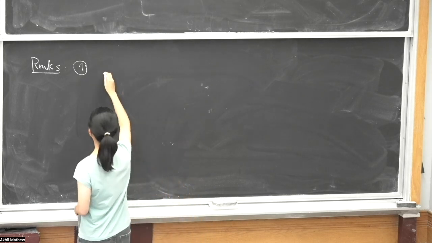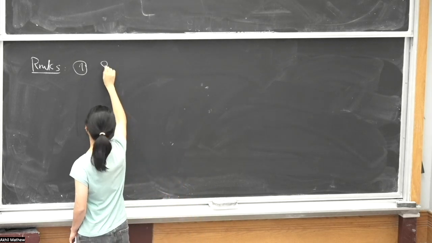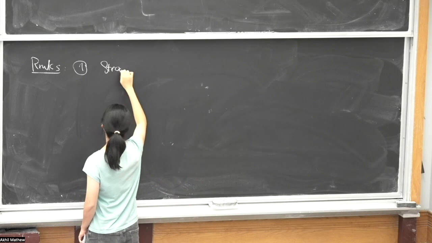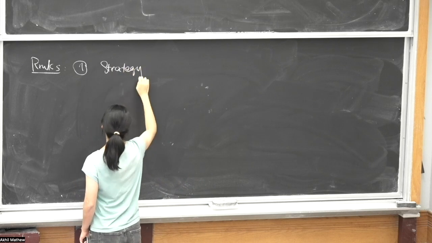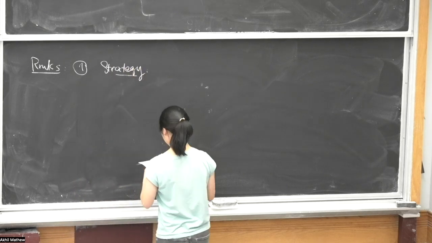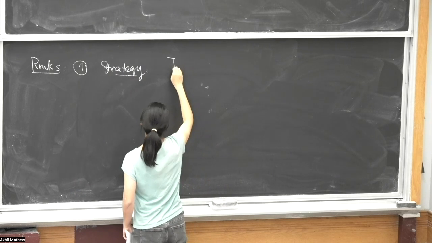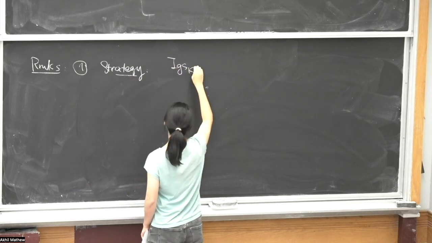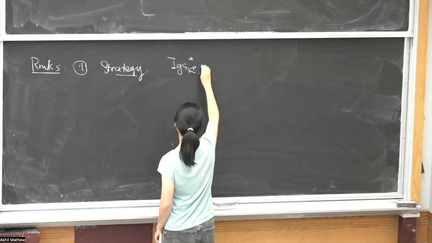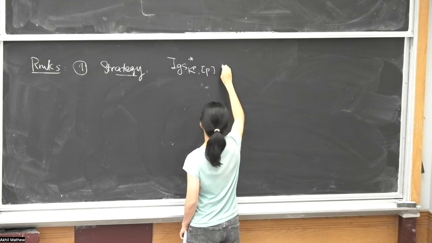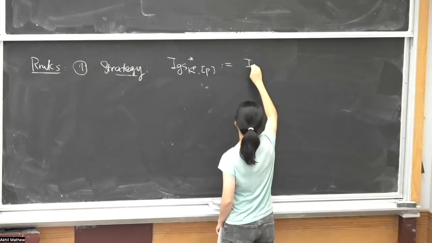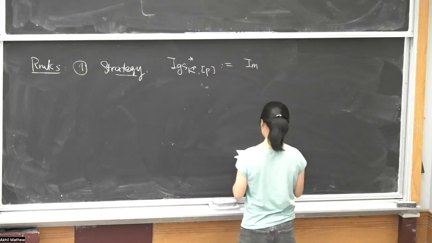And indeed, our strategy for constructing this IC complex is to define a stratification on the Igusa stack by taking the image of this stratification on the Shimura variety.